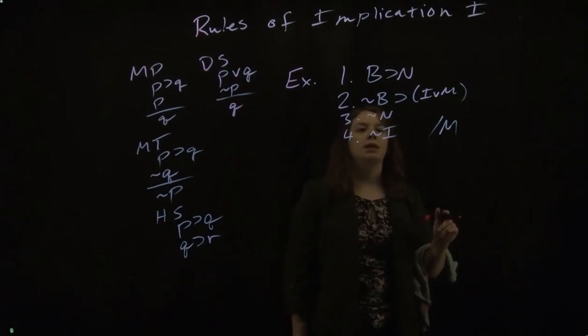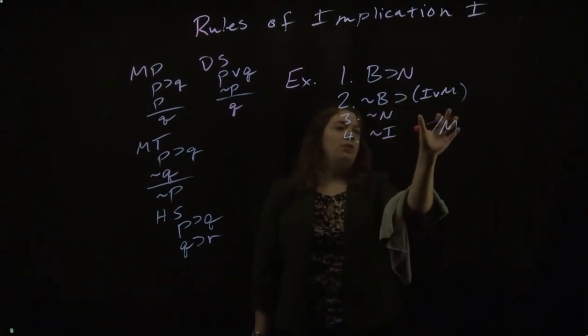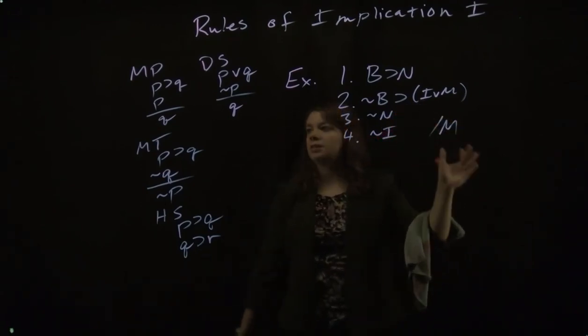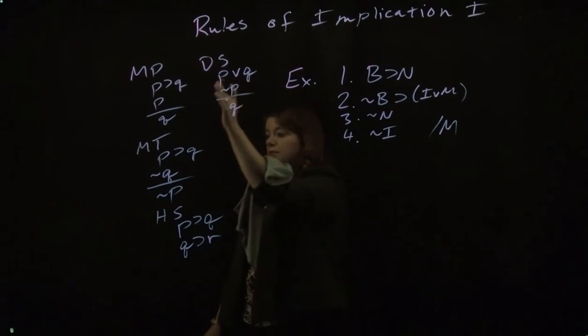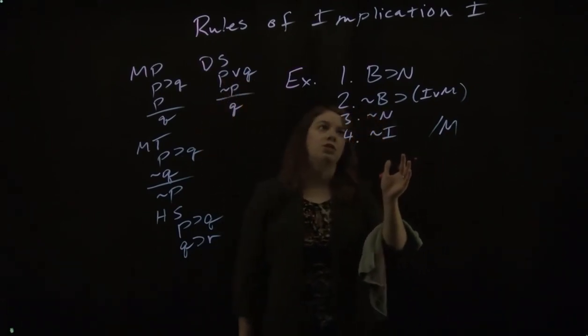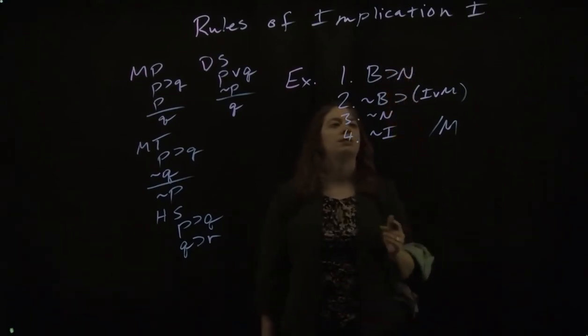So let's go ahead and look at these 4 premises. Ignore the conclusion for a while because that's just our end goal here. Do we see any of these rules, modus ponens, modus tollens, hypothetical syllogism, disjunctive syllogism, in these 4 premises?